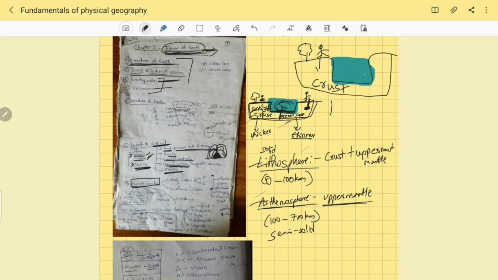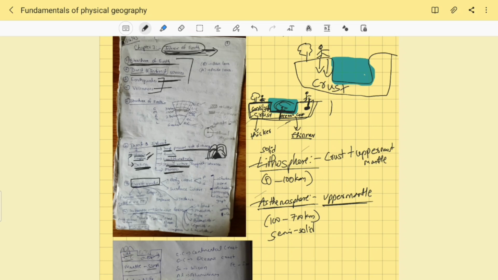Okay, as you go deep inside the earth, the temperature and pressure changes. Temperature increases in the interior of the earth due to radioactive elements. For every 32 meters there is a 1 degree Celsius rise in temperature.